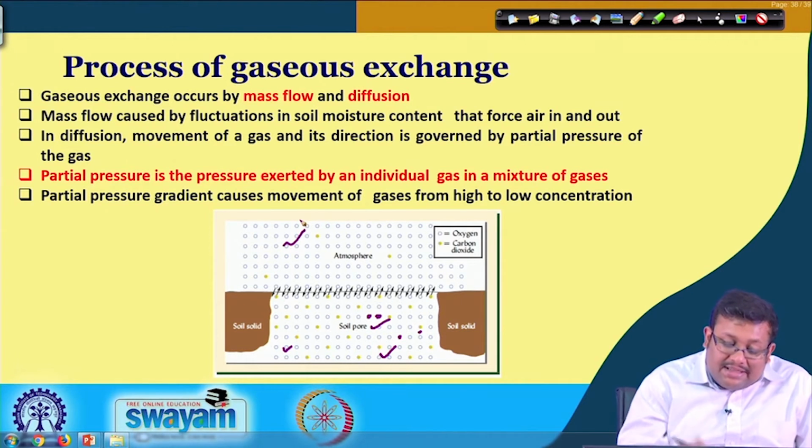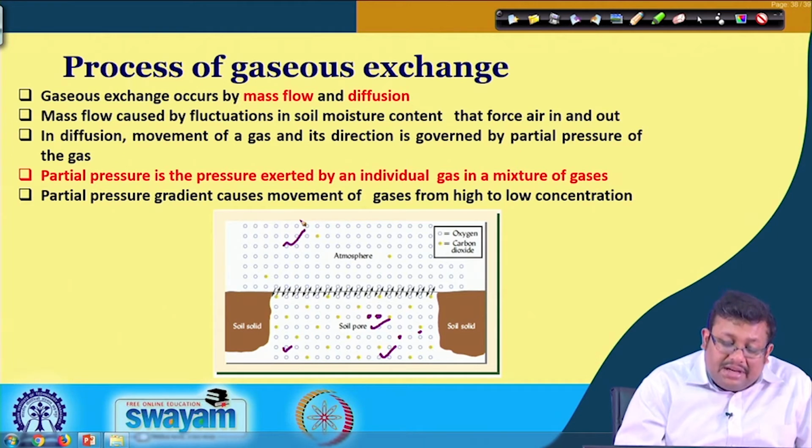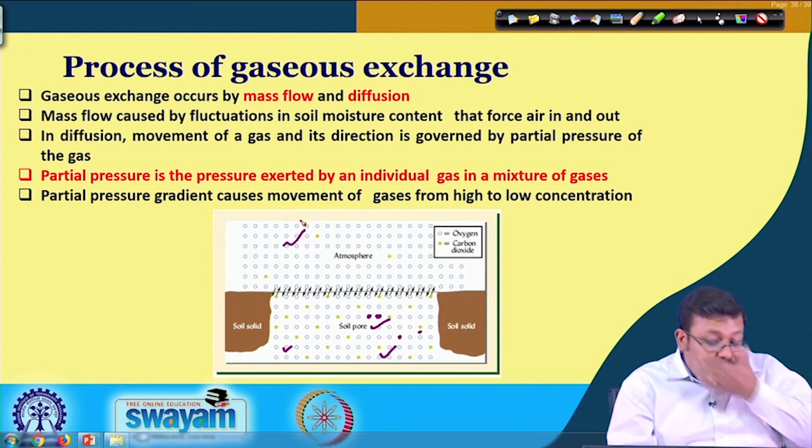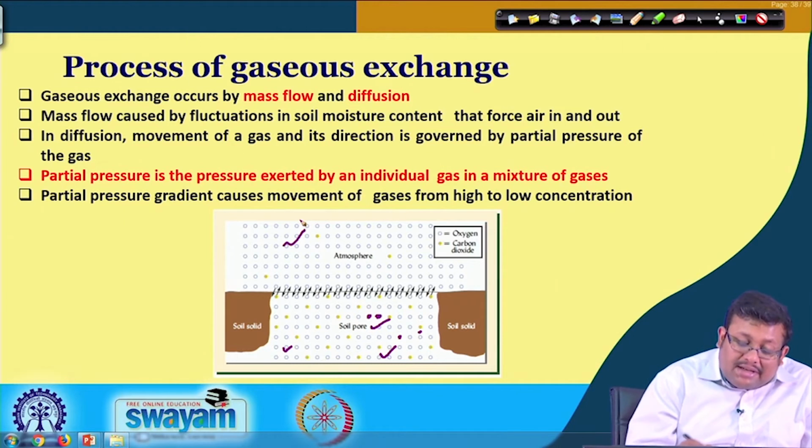So, obviously you can see the proportion of these two gases is different in different conditions, and as a result their partial pressure will also vary. The partial pressure of carbon dioxide will be quite high in soil air than in atmospheric air, and as a result of this partial pressure gradient the carbon dioxide will diffuse away into atmospheric air.